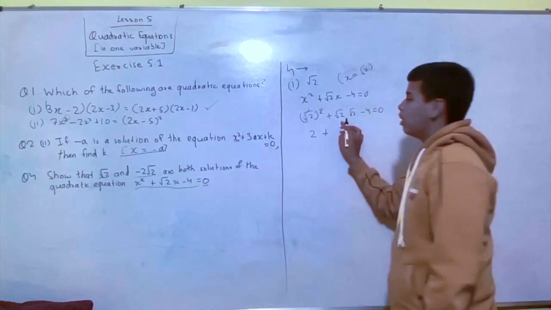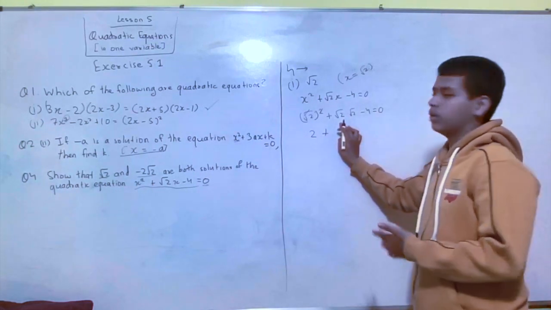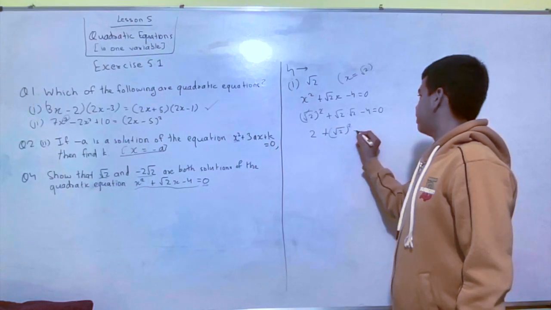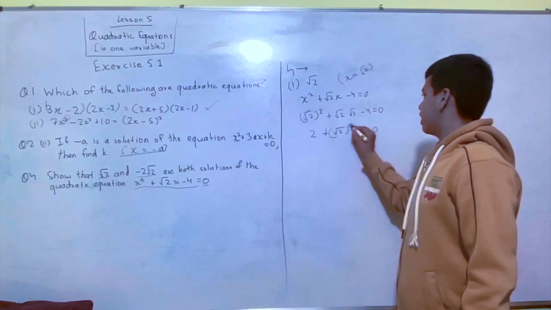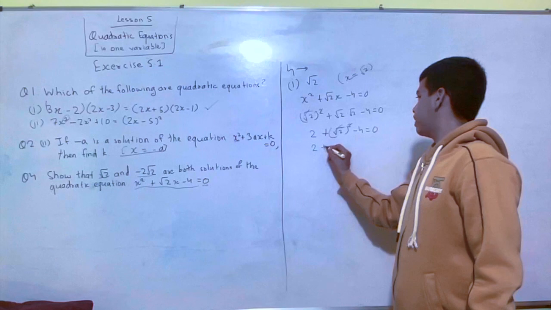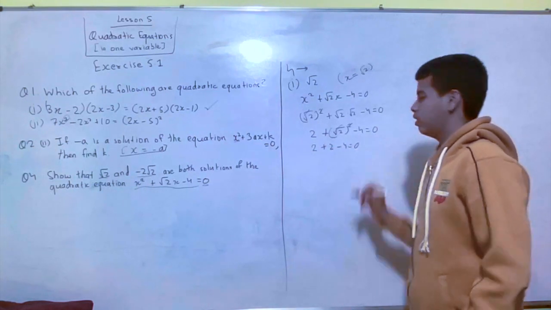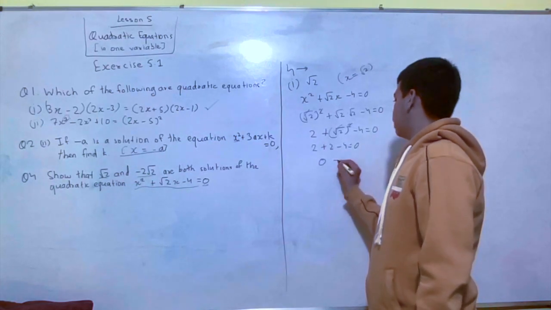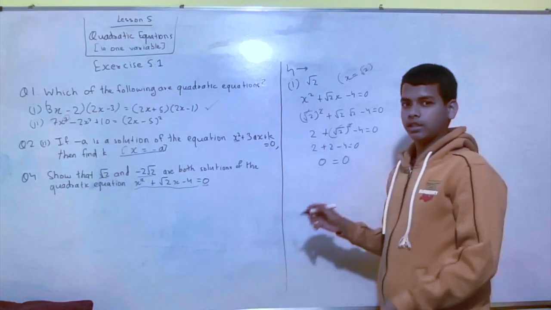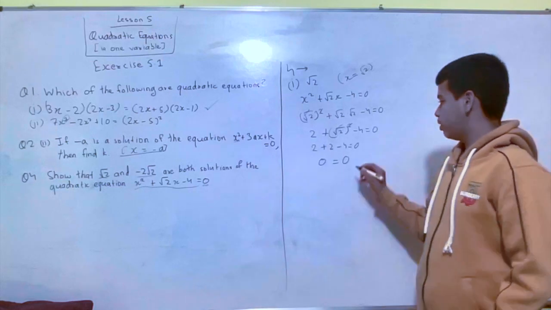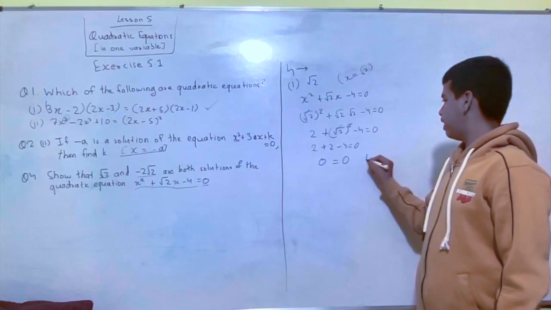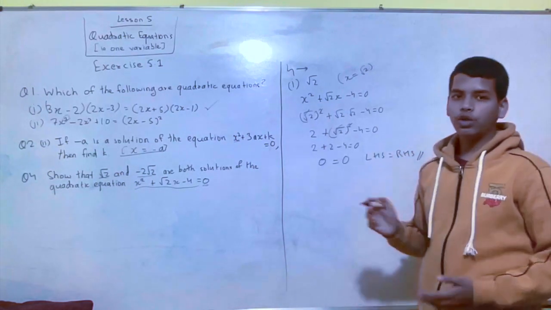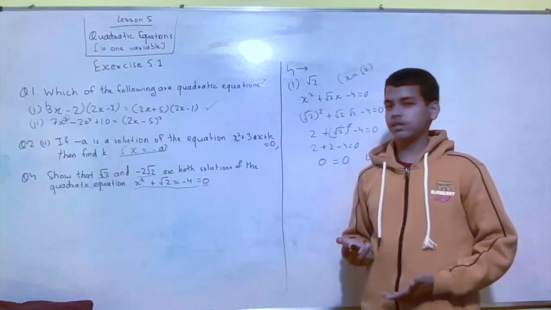And notice that it is root 2 times root 2, which indirectly means root 2 square, which again gets cancelled. So 2 plus 2 minus 4 is equal to 0. What does it mean? 2 plus 2 is 4, 4 minus 4 is 0. So we can say that left hand side is equal to right hand side. Here we have proven that LHS is equal to RHS. That means root 2 is a solution of the equation.